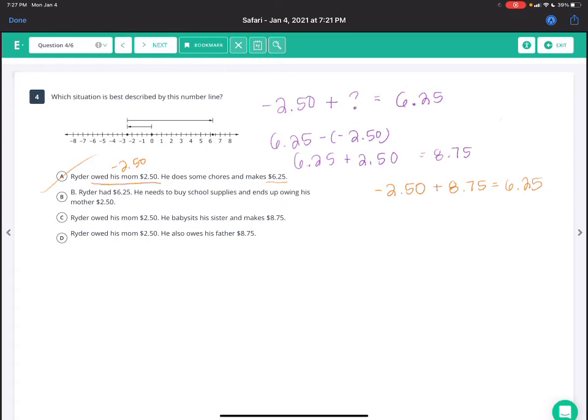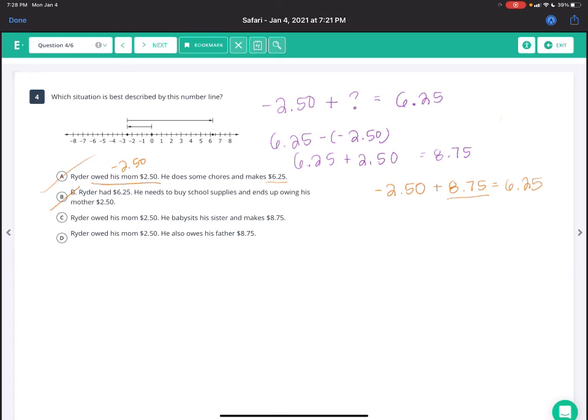Although the $6.25 will indicate a positive 6 and 25/100ths, with him buying school supplies, that would indicate a negative 8 and 75/100ths. Even though they don't tell you how much he spends, technically that's how much he would have spent. He would have gone over his budget and owed his mom $2.50. But that doesn't indicate a positive $8.75, so it wouldn't be B either.